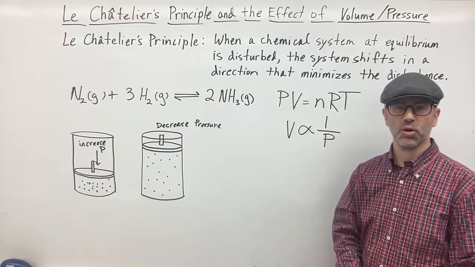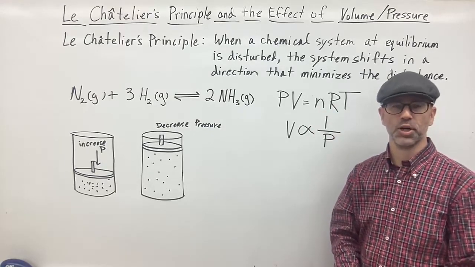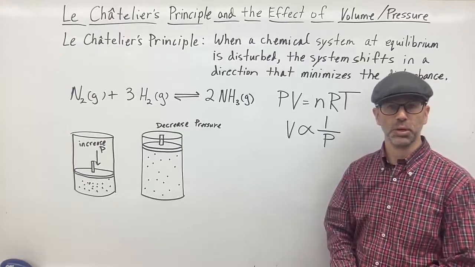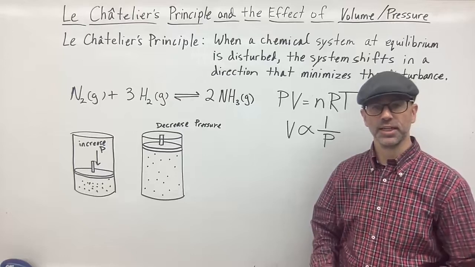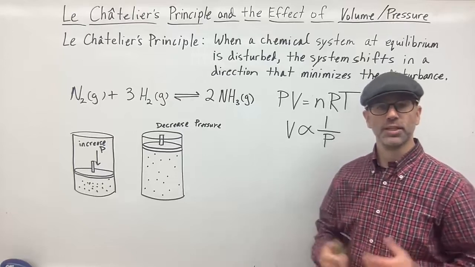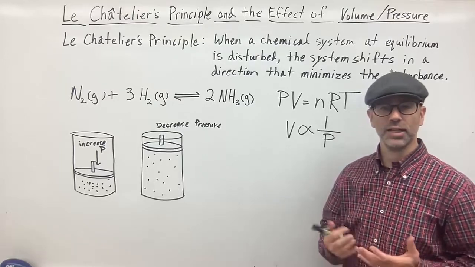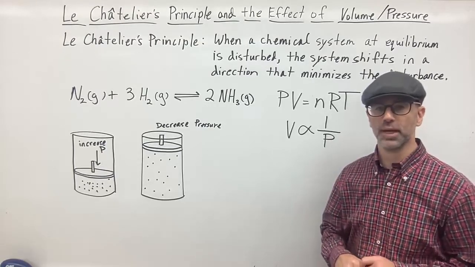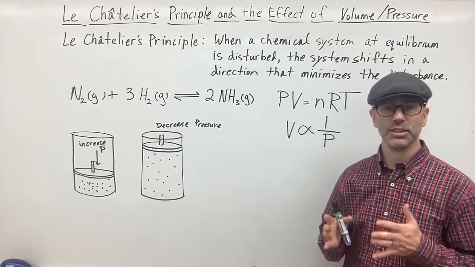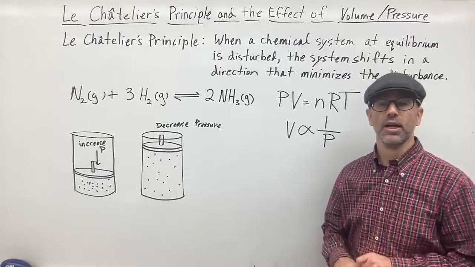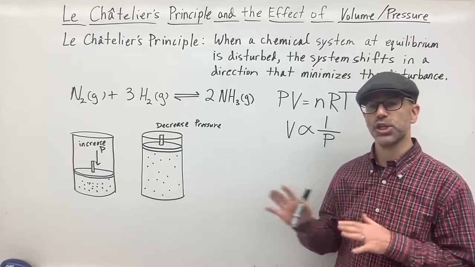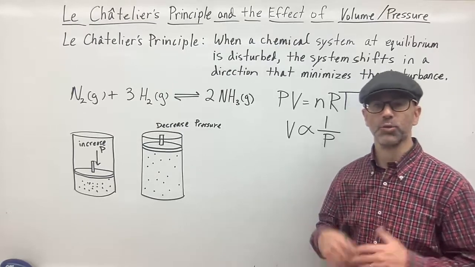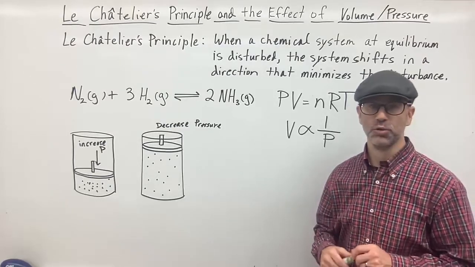My name is Mr. Kovalt, and in this video we're going to go over Le Chatelier's principle and the effect of volume and pressure. So let's get into this. So again, what is Le Chatelier's principle? Le Chatelier's principle basically says that if you have a chemical system at equilibrium, and that system is disturbed in some way, the system is going to shift in such a way as to minimize that disturbance and relieve that stress, if you will.